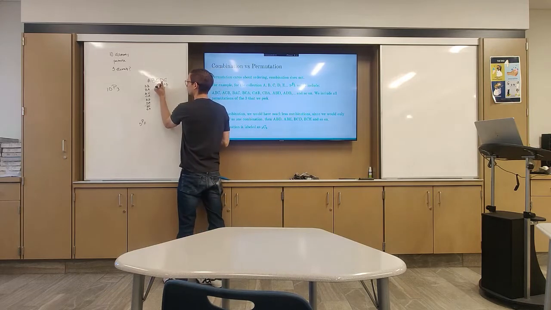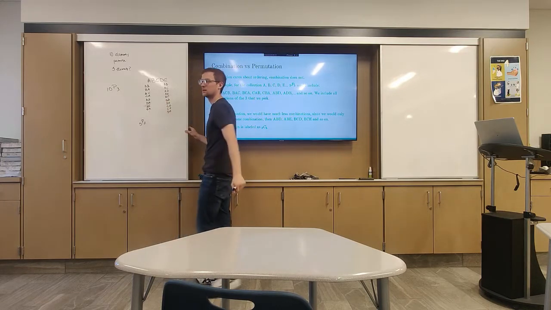Then I would keep going: AC, AD, AE, and then I would start with B, but not BA because I already have that. It would be BC, BD, BE, and then CD, CE, and DE, and I would be done.